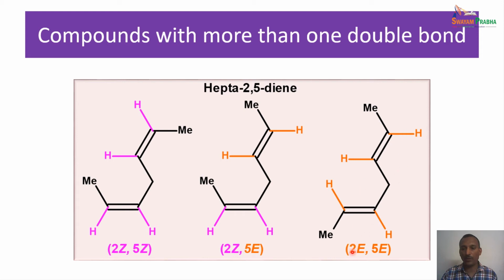So this isomer is 2E,5E. That way we can assign Z and E nomenclature when there is more than one double bond in the compound.